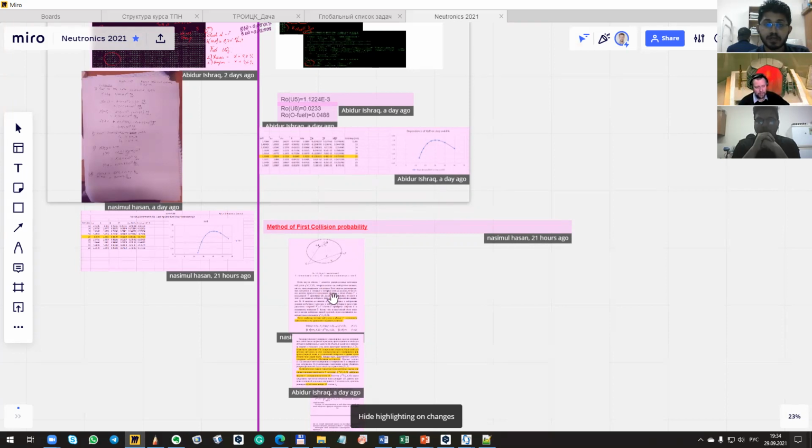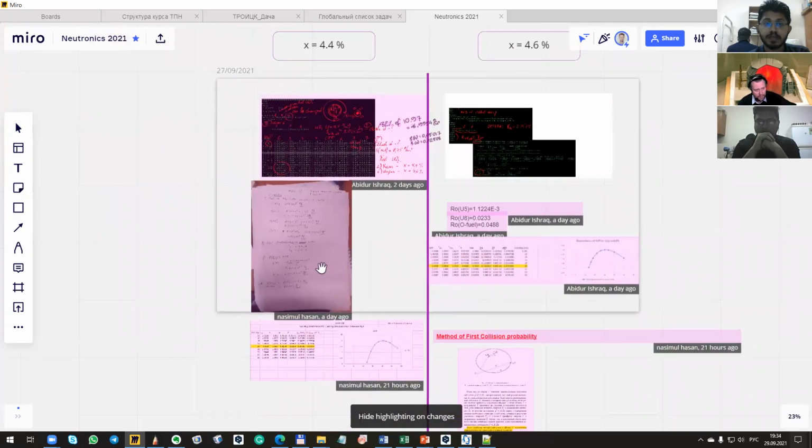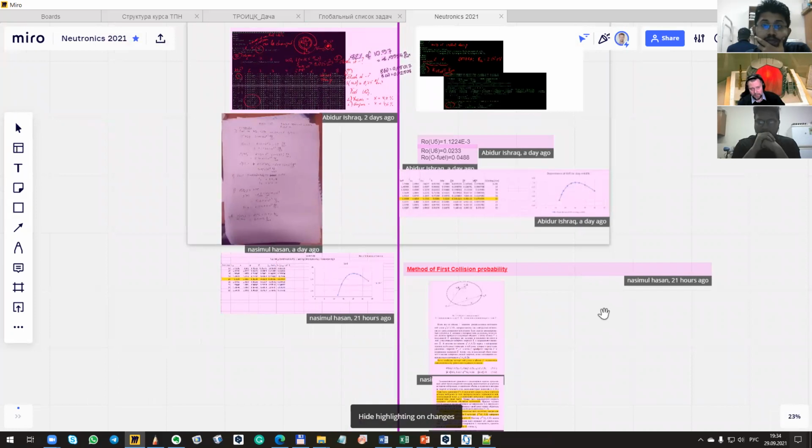So please put your calculation results into the frame. Because we need space below, I will upload these pictures and you will continue.